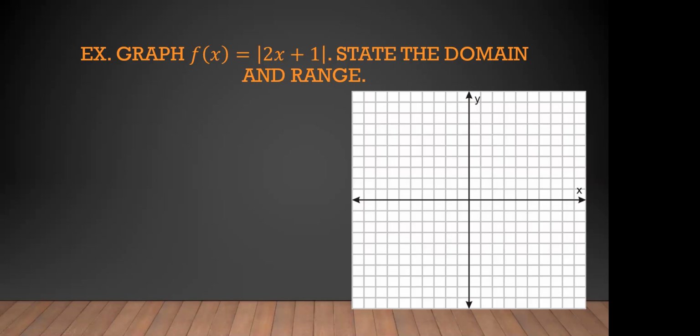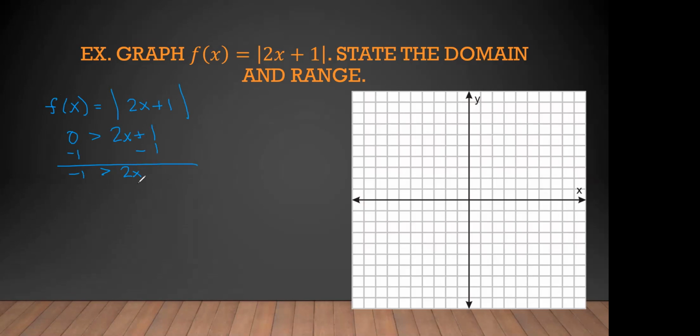Here it's asking you to graph f of x equals the absolute value of 2x plus 1. Remember, f of x cannot be negative, so it has to be greater than or equal to 0. So we're going to solve 2x plus 1 equals 0. We subtract 1 from both sides, so that would be -1.